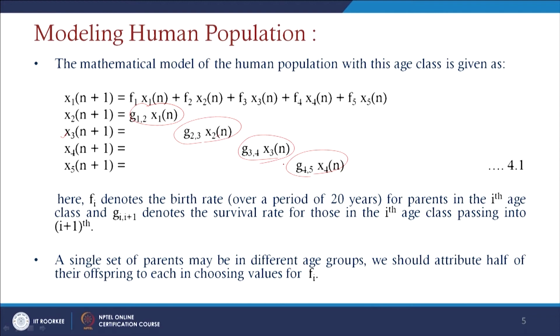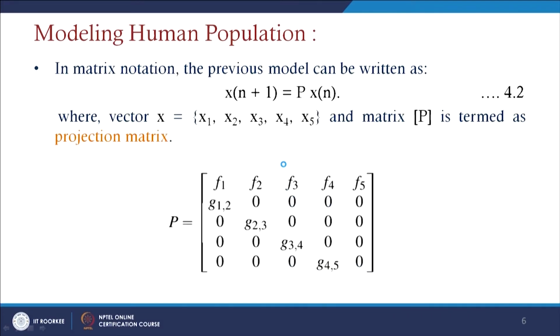A single set of parents may be in different age groups. We should attribute half of their offspring to each in choosing values for Fi. So in matrix notation, this previous model can be represented as xn plus 1 equals pxn.